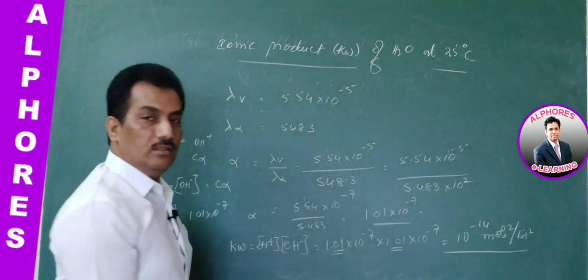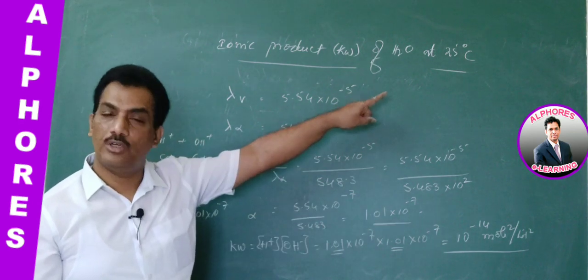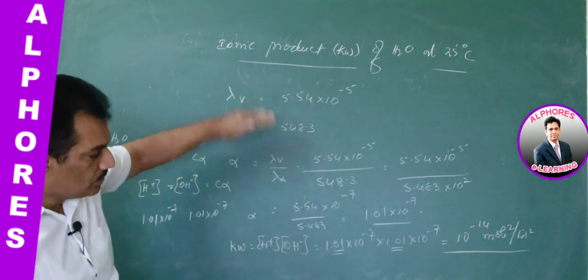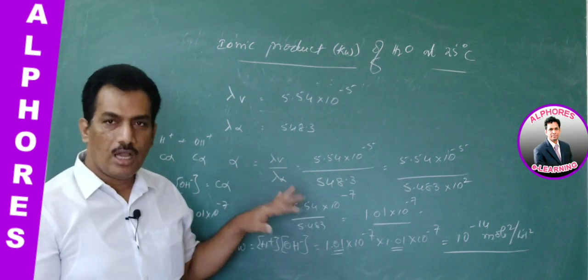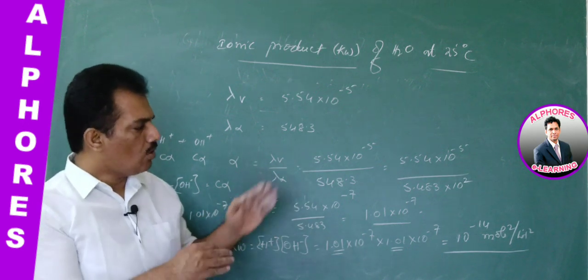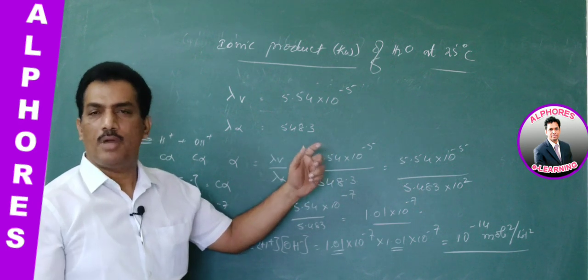That is nothing but the ionic product of water at 25 degrees centigrade. Are you clear with this one? All these are applications of Kohlrausch law. It is useful in finding different parameters.